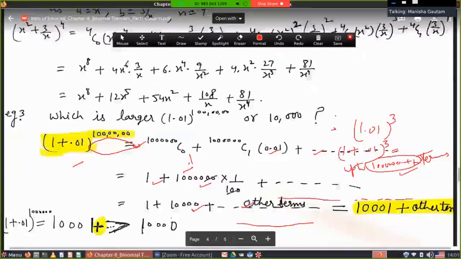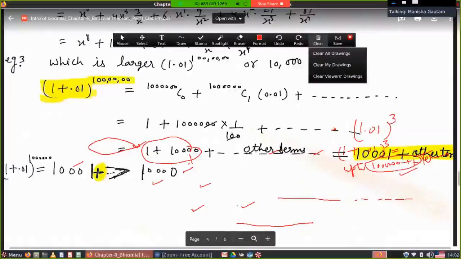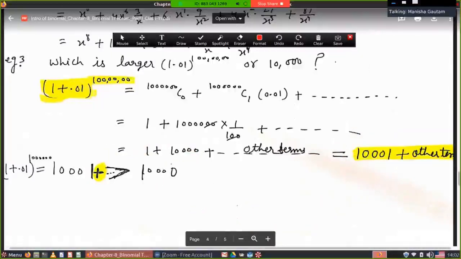Now you are getting the sum of the first 2 terms, and this sum will be equal to 10,001. Yes, you are getting 10,001 plus other terms. It means you will get a number greater than 10,001.